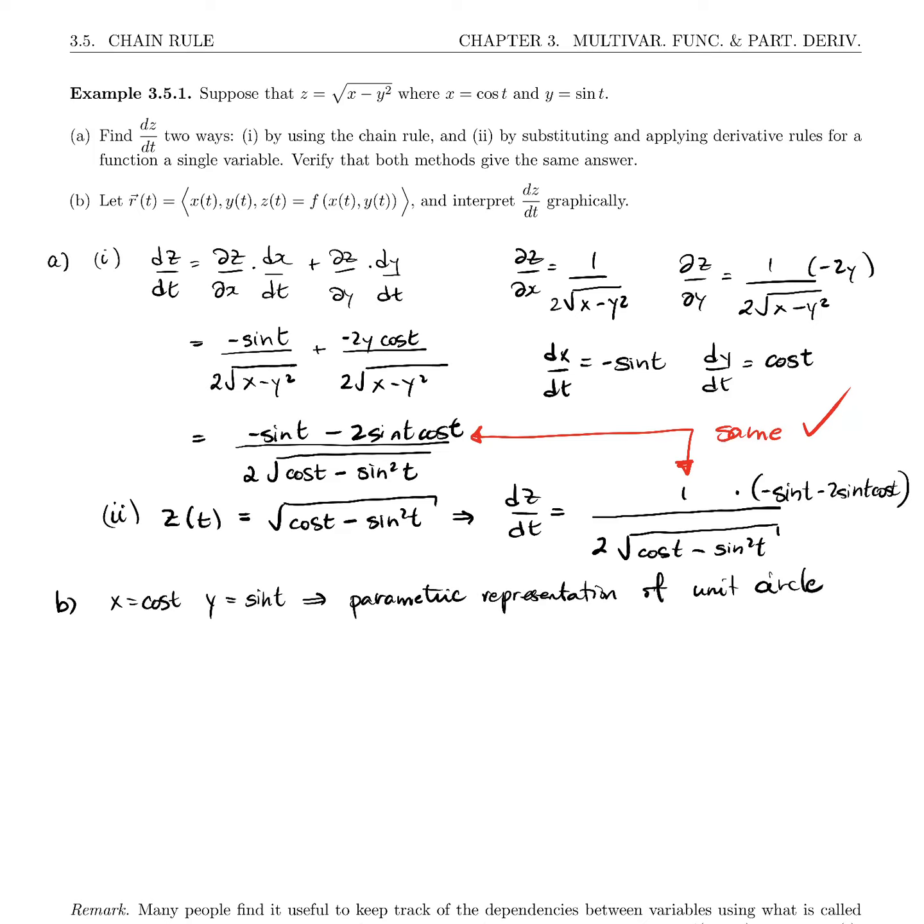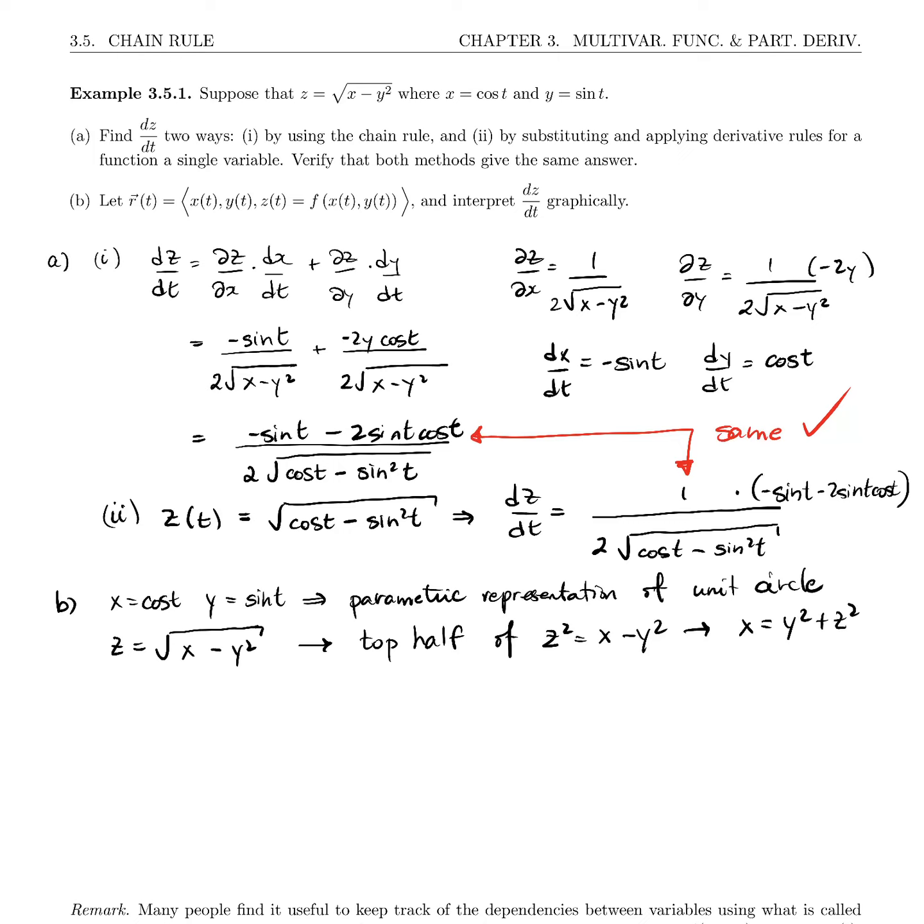We also have seen this function, although it might not be in a form that you recognize. z is the square root of x minus y squared. That is, well, if we're taking the square root, we're taking the positive root, so we're taking only the top half of z squared equals x minus y squared, which is the same as x equals y squared plus z squared.